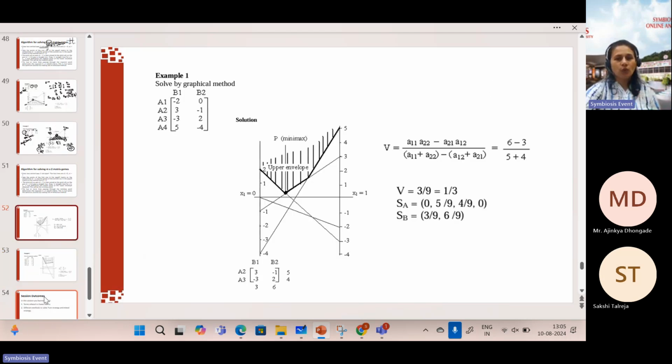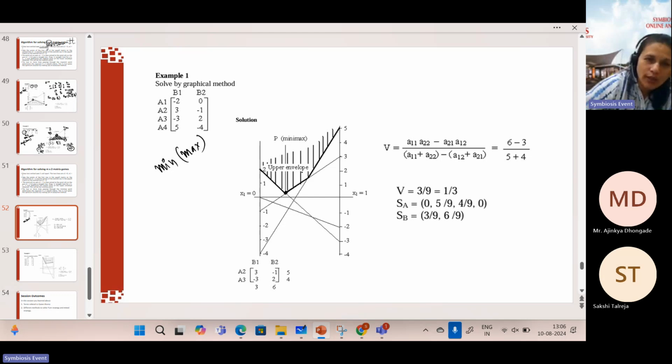Once we are done with the plotting, as there are multiple rows, what you have to do is get the maximum area, and for that maximum area take the minimum, the deep valley, right? So if you can see here, I'm not going to check the lower values. Why? Because this is the maximin criteria. What we did before was the minimax criteria.